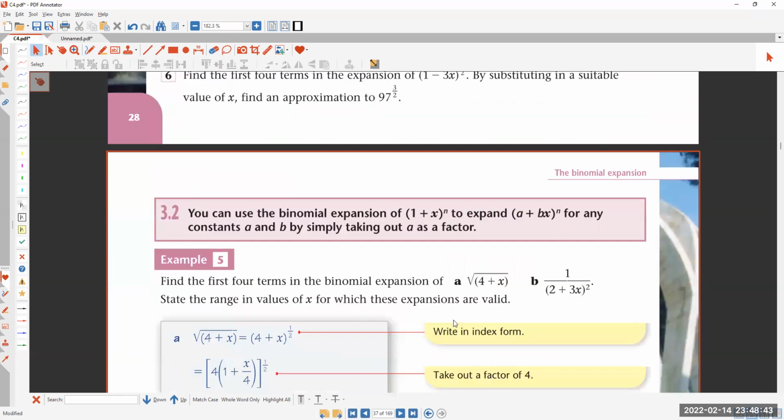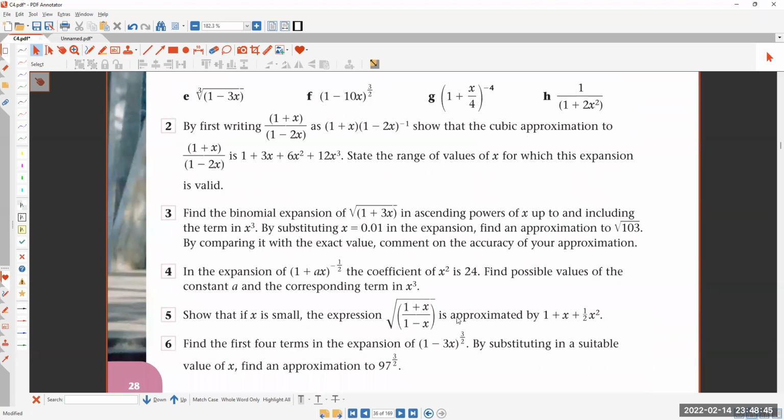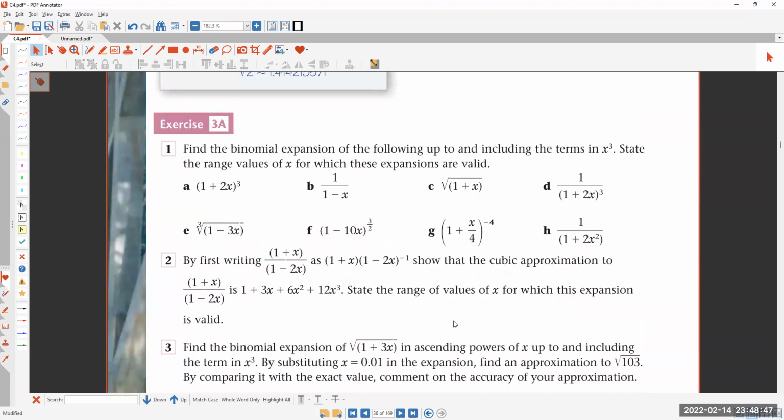So now I can give you guys homework. Write down Exercise 3A, binomial expansion. Question 1E, try doing G as well.